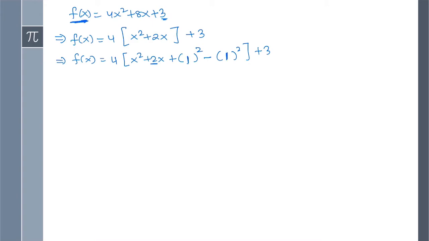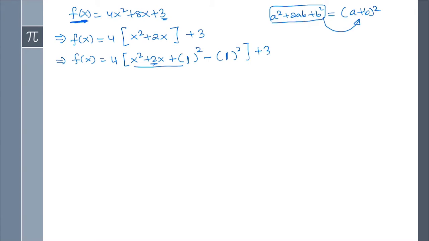Now, if we have a squared plus 2ab plus b squared, then we can write this as (a plus b) squared. That's what we are trying to do. When we add a number which is half of the coefficient of x, this takes this form, and now we can write it as the square of a plus b.